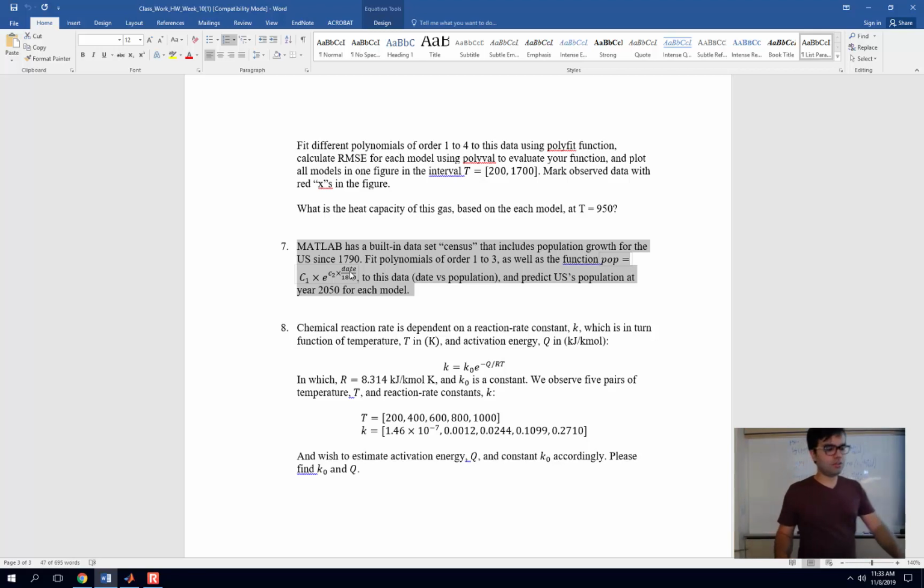So now what I will do is create my matrices A and D. A is ones of length of date, comma 1, and date divided by 1800.